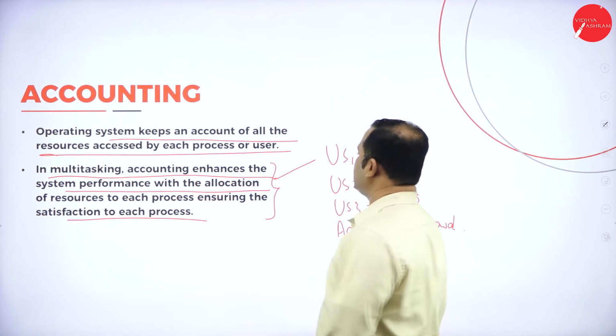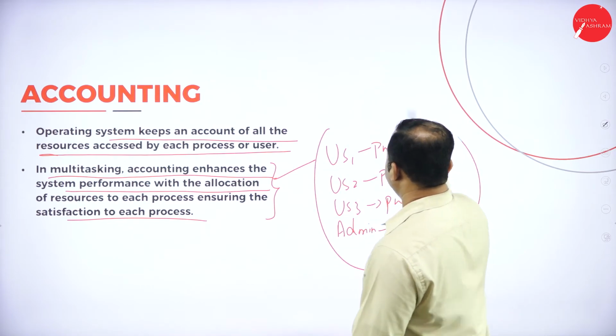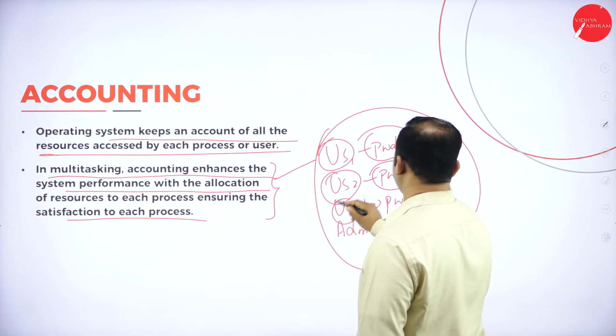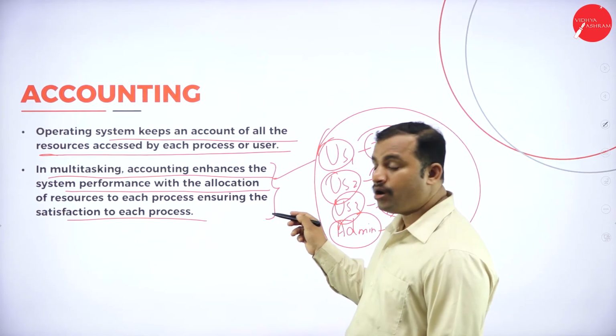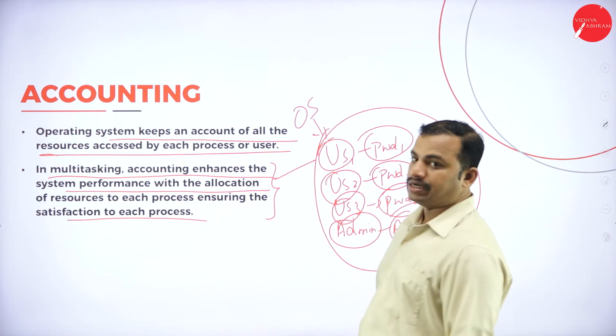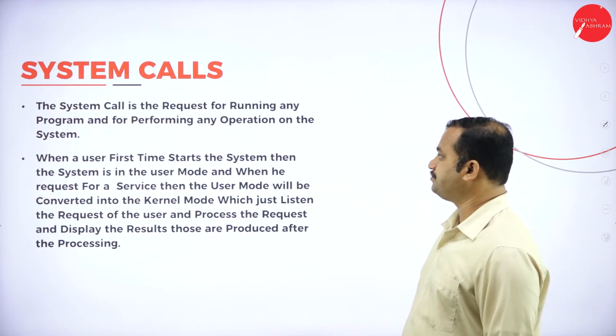All these are pieces of information that need to be accounted for: username and password, username and password, and so on. All this account information is maintained by the operating system.